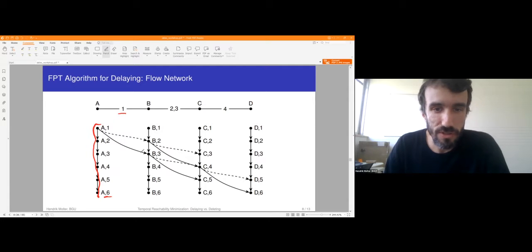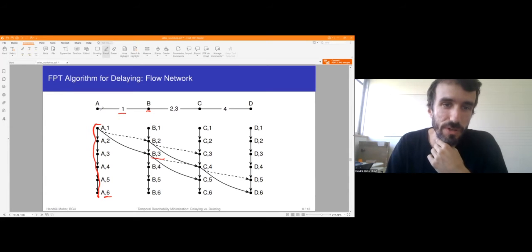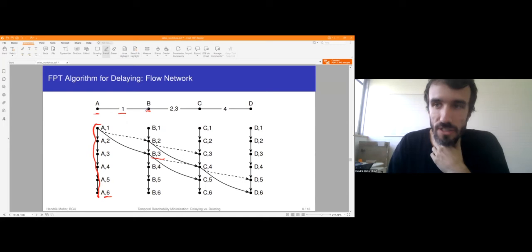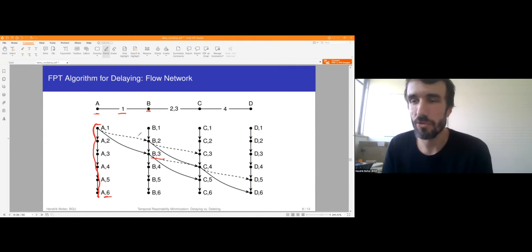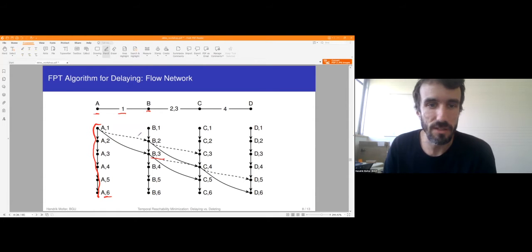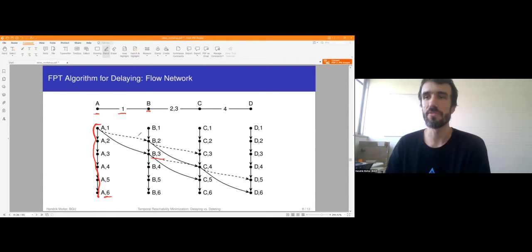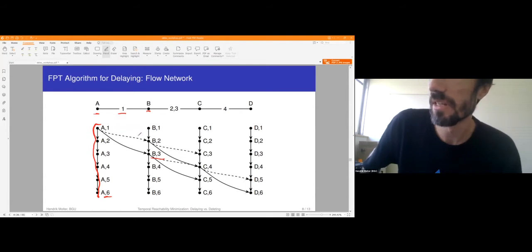And we draw the solid edge to B3, which corresponds to the vertex-time pair where a path starting at A would arrive if this edge is delayed. And in the flow problem, these dashed edges are going to have a capacity of 1, and the solid edges are going to have a capacity of infinity.